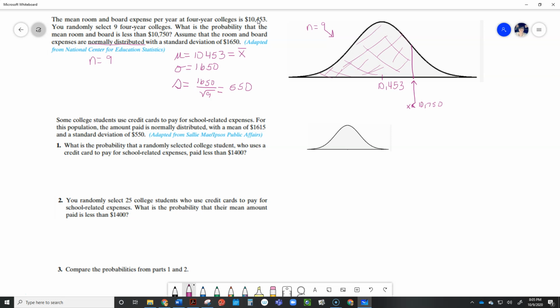Now that you have the standard deviation, you can calculate a z-score. The z-score would be calculated by taking 10,750 and subtracting the mean, 10,453, and dividing it by the sample standard deviation. So you could find a z-score for this x value.